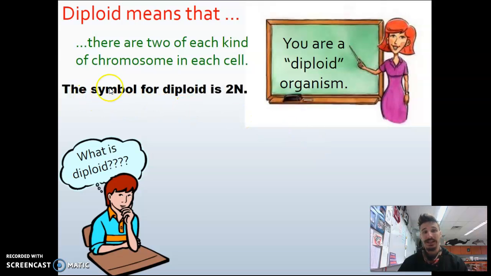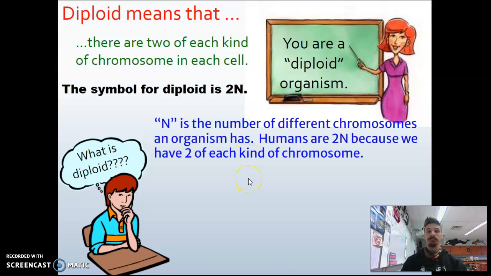And the way we represent diploid, if you don't want to write the word, is we write 2N, where N just refers to number of chromosome sets. We have two. N is the number of different chromosomes an organism has. Humans are 2N because we have two of each kind of chromosome, right?